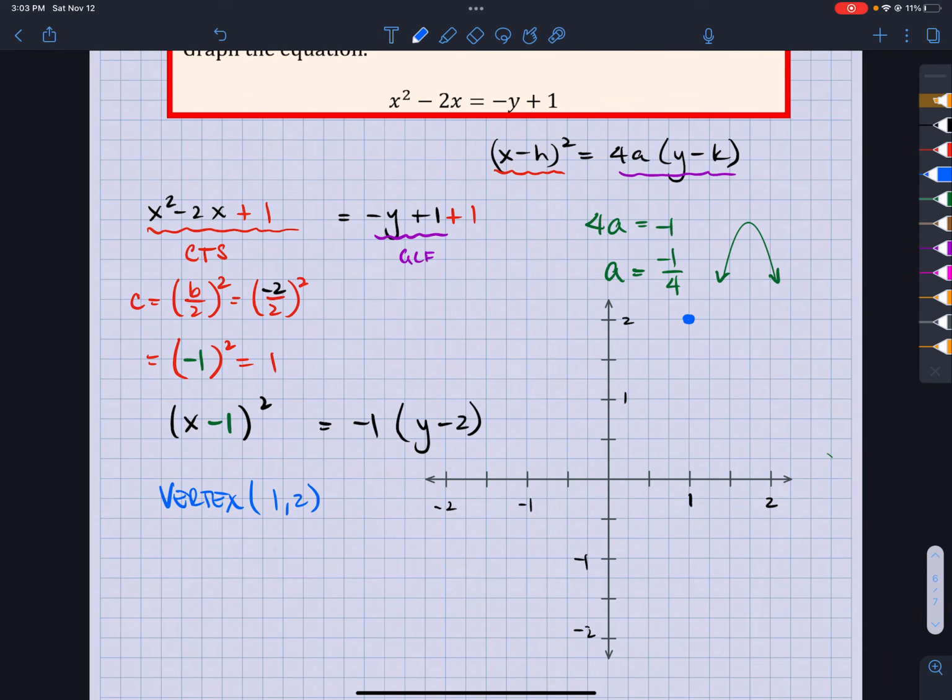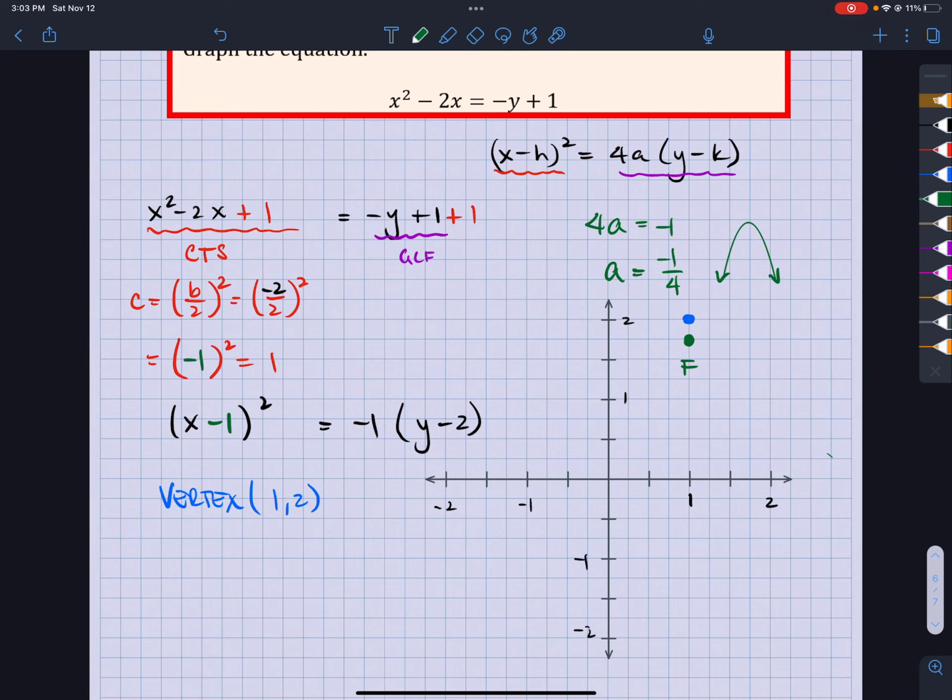Since A, and I know it's facing down, the focus has to be below that by 1/4. So I gotta go down 1/4 to find my focus. Let me see, if I go down 1/4, it will be right here, right? That would be my so-called focus.